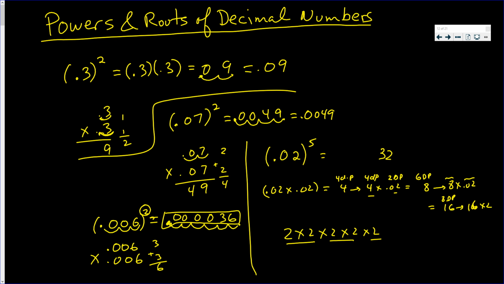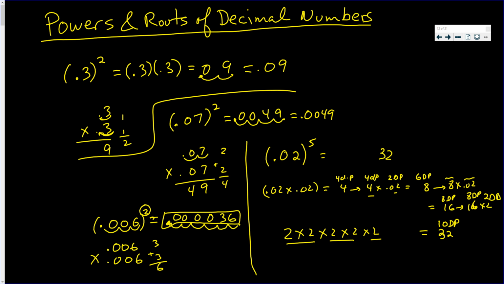The 16 is 8 decimal places times the 2, which is 2 decimal places, and I'm going to get 32, but it's going to be 10 decimal places.